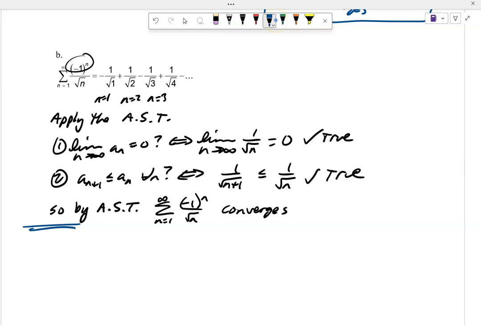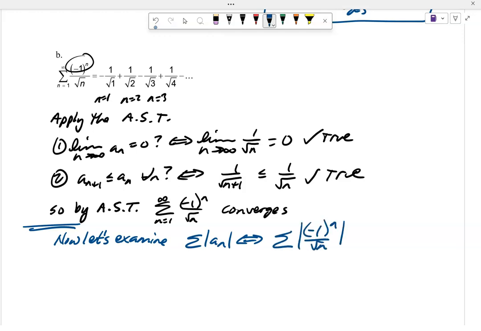So the question is then, is it conditionally convergent or is it absolutely convergent? So let's examine the absolute value. So we have negative 1 to the n over square root of n, which is just 1 over square root of n.